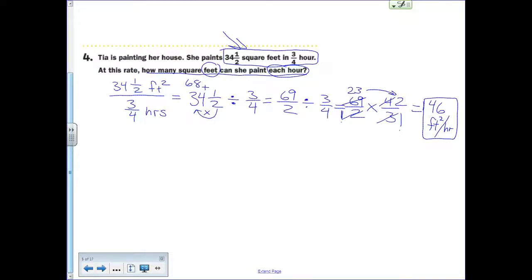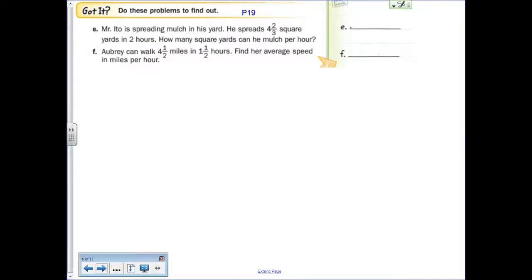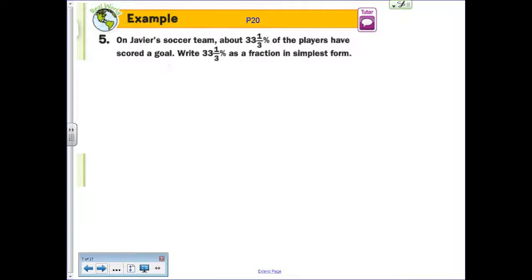That brings us up to the letter problems on the bottom of page 19. On page 20, number 5, it says, on Javier's soccer team, about 33 1/3% of the players have scored a goal. Write 33 1/3% as a fraction in simplest form. Well, some of you are thinking, well, just take that 33 1/3 and turn it into an improper fraction.